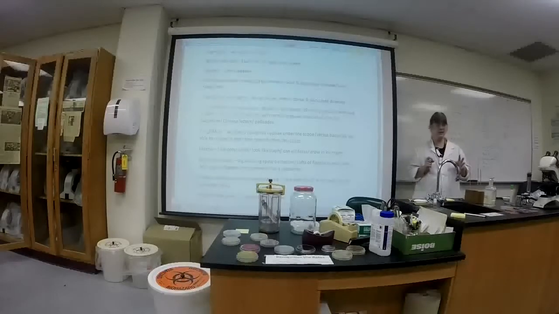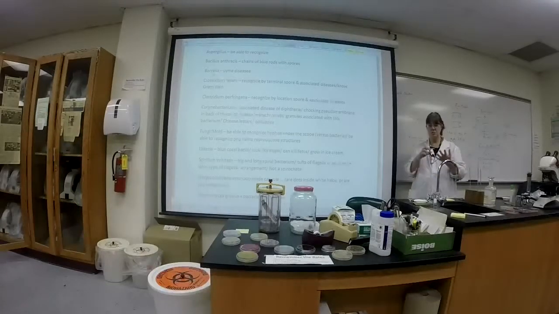You can't say just tick because other ticks don't carry it. Kind of tiny. About 50% of people get a bullseye-like rash, and a lot of people don't get symptoms at all. Symptoms go to fatigue, tiredness, rheumatoid arthritis, and if it progresses long enough, what? Neurological problems.